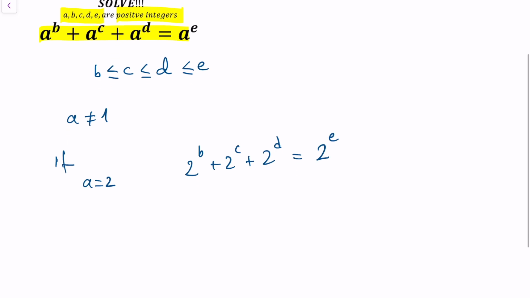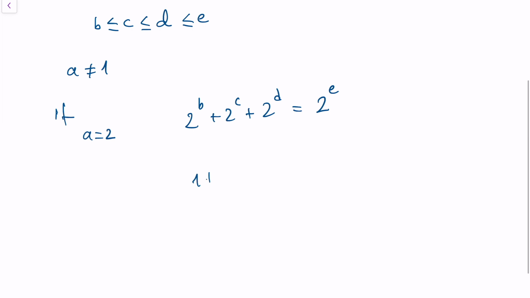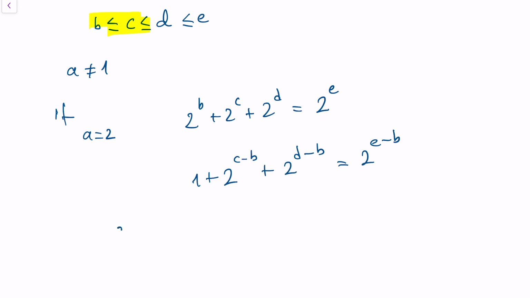Now if we divide everything by 2^b, we have 1 + 2^(c-b) + 2^(d-b) = 2^(e-b). But notice that we said c is greater than or equal to b, and in this case c cannot be greater than b, c has to equal b.